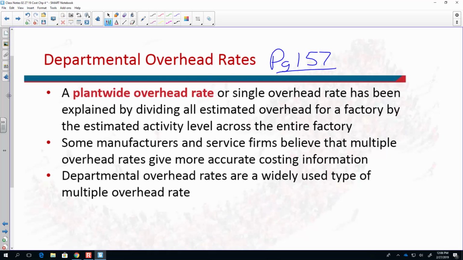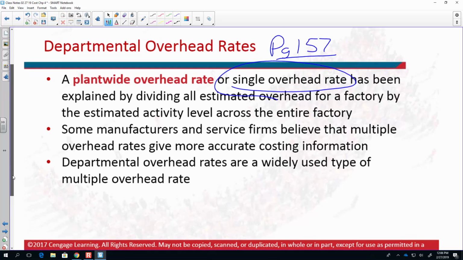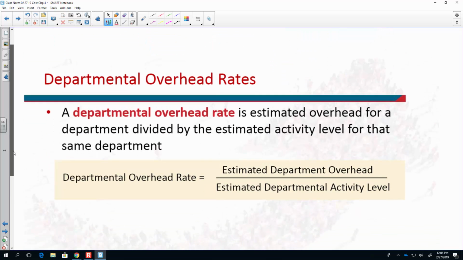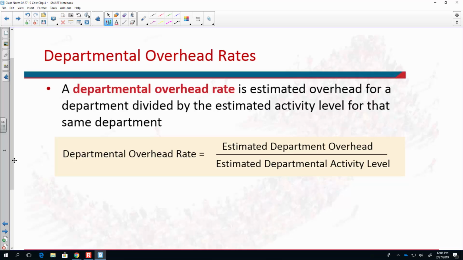Looking at plant-wide rate, it's a single rate. Unless you're a small company, that's pretty rare, where you would have one shop rate for the entire operation. Only smaller companies would do that. The opposite of one rate is multiple rates. They call multiple rates departmental overhead rates. So this is more than one.